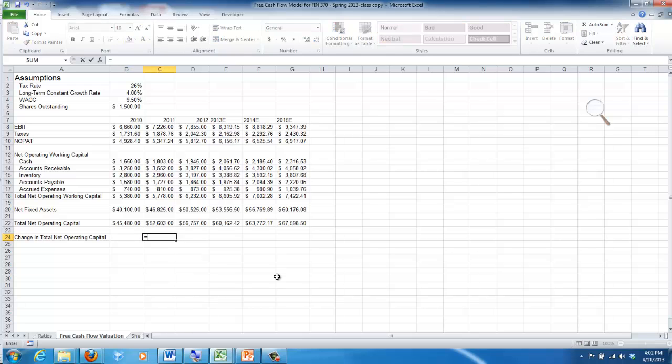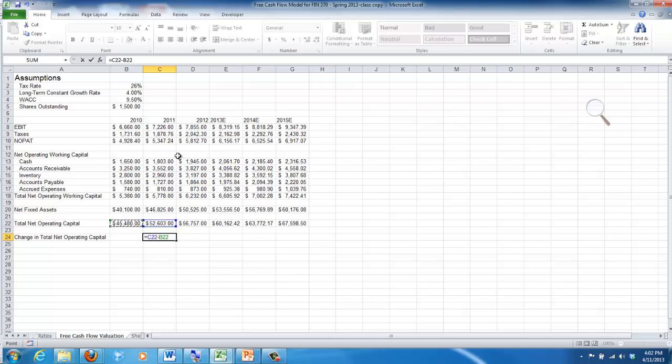So what I'm going to do here is take 2011's, subtract out the amount for 2010. Now remember that a balance sheet represents a point in time, so we're looking at the total net operating capital at the end of 2010 and the total net operating capital at the end of 2011. This represents the dollar investment in operating capital that we made during 2011.